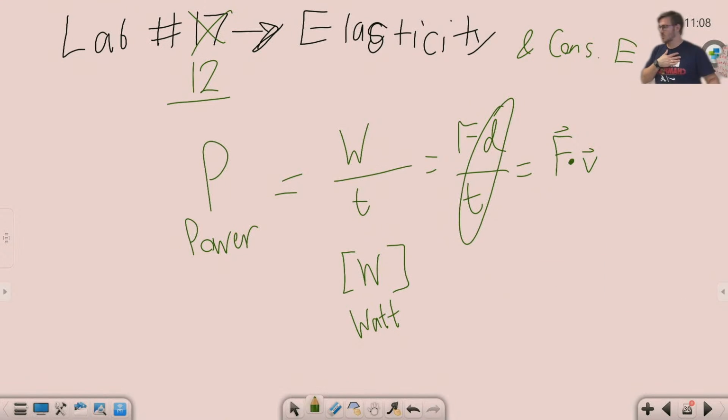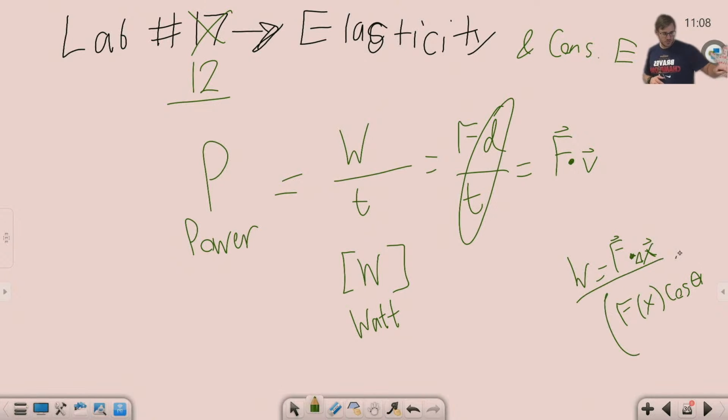On your equation sheet, they would say work is F dot delta X, and they put the little arrow hats on top. This means dot product, and you're supposed to know it is F times X times the cosine of the angle between them. They assume you know this.